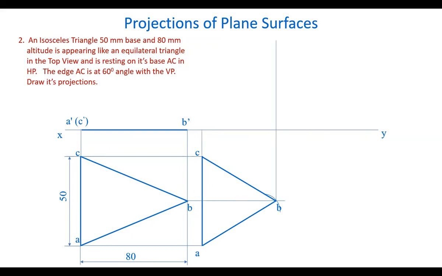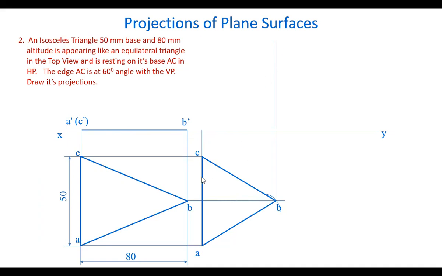How? The AC edge is taken here, and coming to the front view, absolutely there is no change. It appears like a straight line only in the front view, at some angle to the horizontal plane or reference line. So the same length, 80 mm, is seen in the front view at some angle.